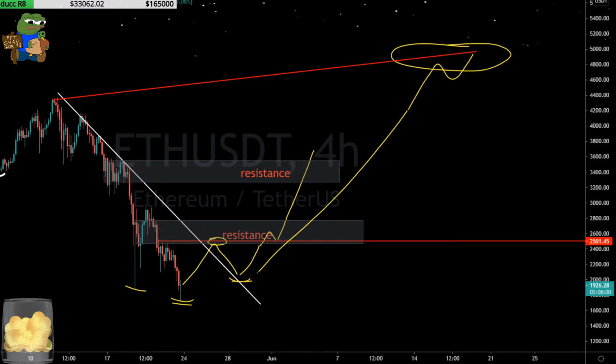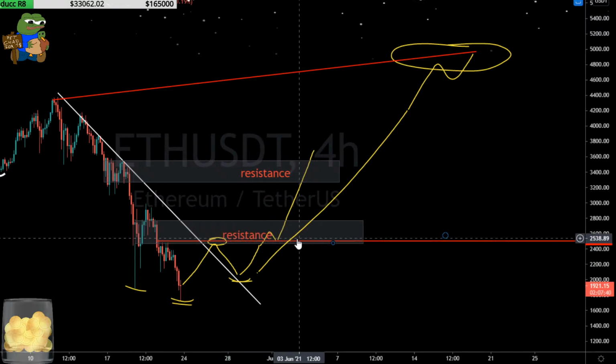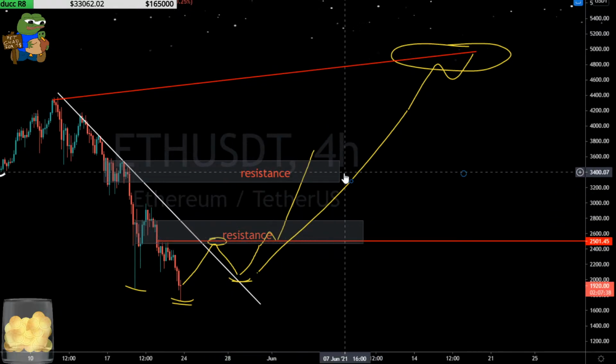Yeah, of course, we need Bitcoin to, at that point, would be breaking 55, right? But 55, we got to start there. So yeah, a lot of work to do, one level at a time, right? One level at a time.